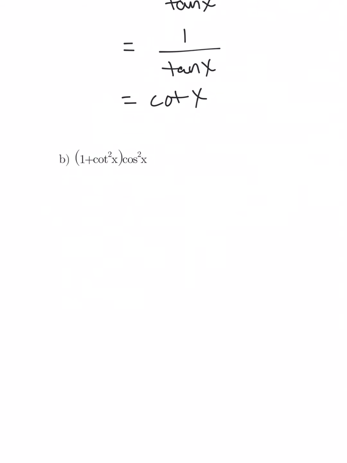And when we look at this quantity, that is one of the versions of the Pythagorean identity with cotangent and cosecant. So we can rewrite that quantity as cosecant squared of x times cosine squared of x.